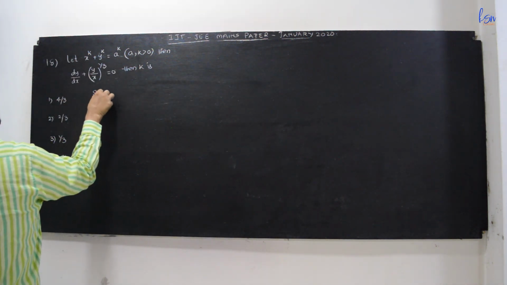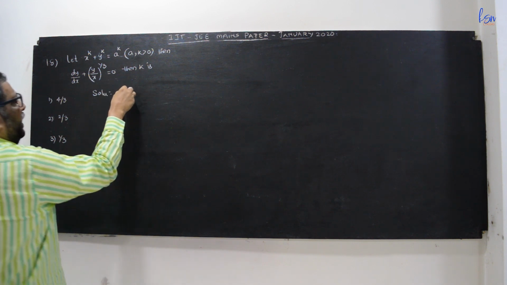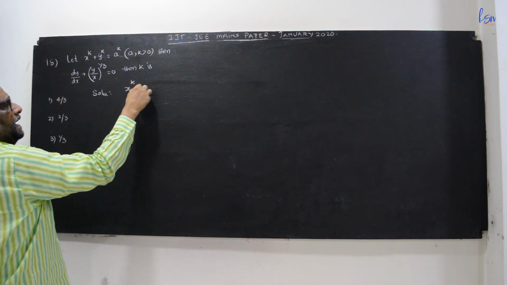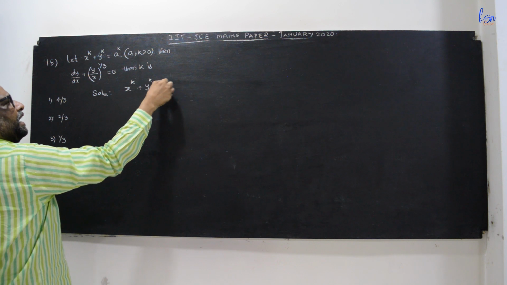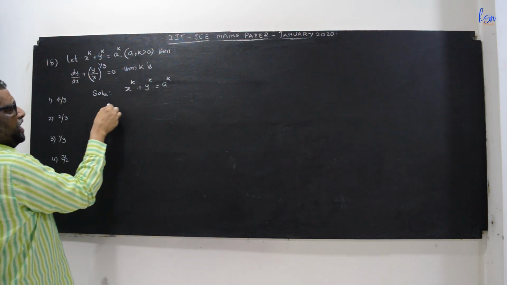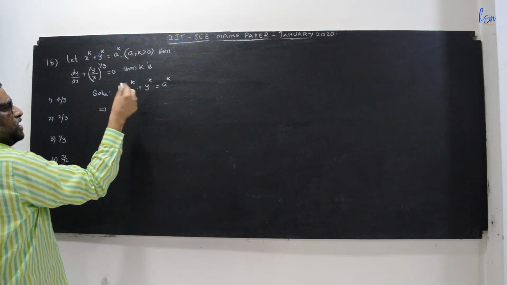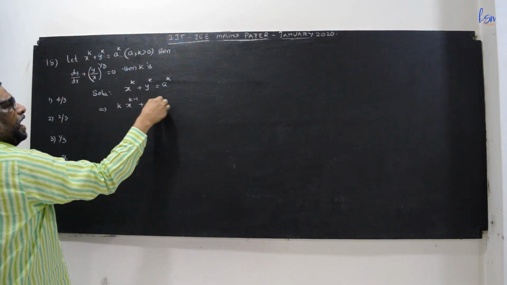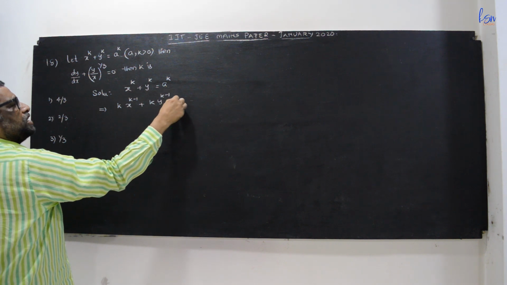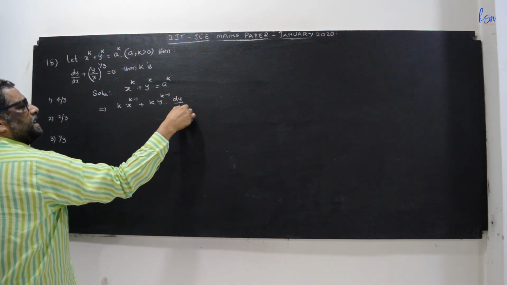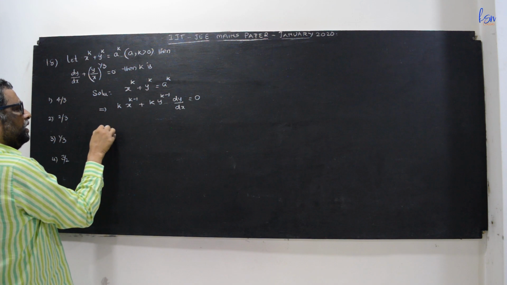Now, given x power k plus y power k is equal to a power k, differentiating with respect to x, k into x to the power of k minus 1 plus k into y to the power of k minus 1 into dy by dx, it being constant, equals 0.